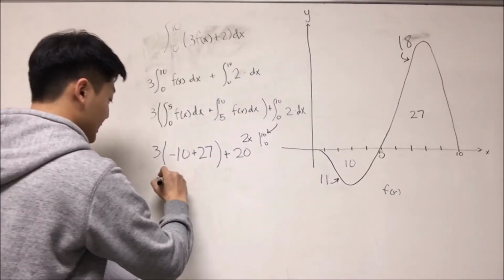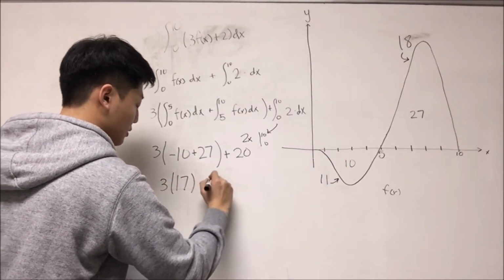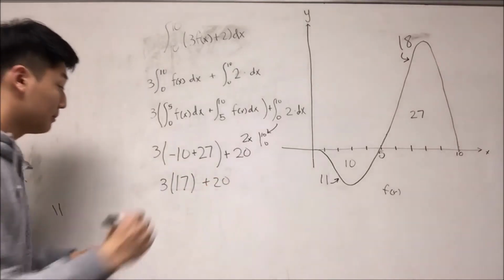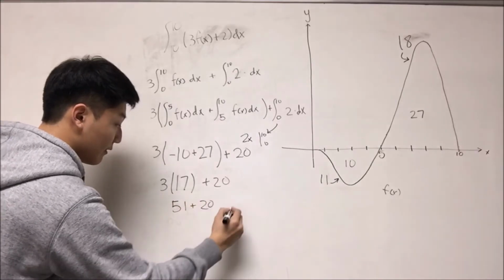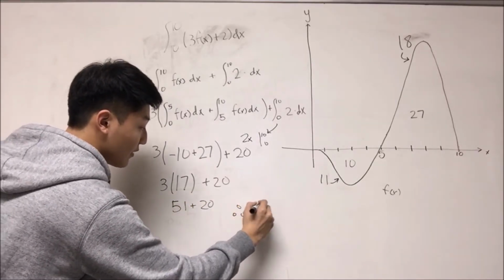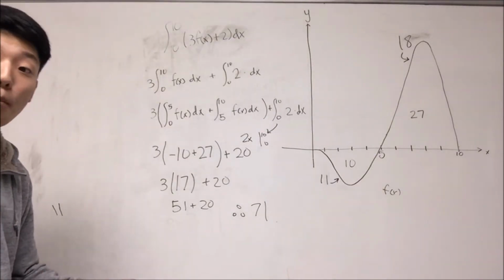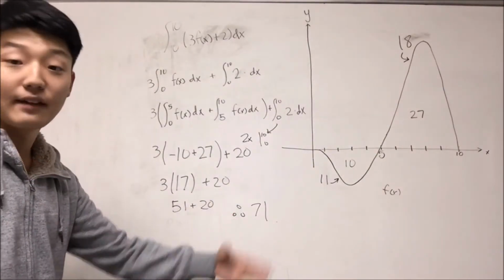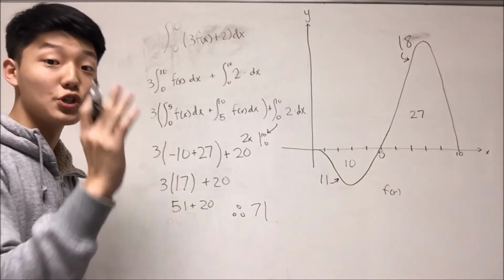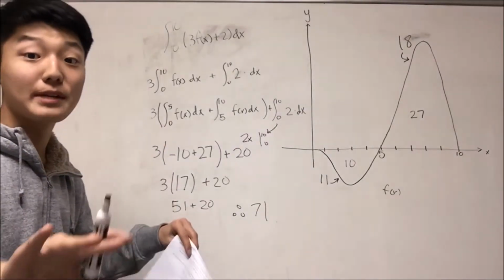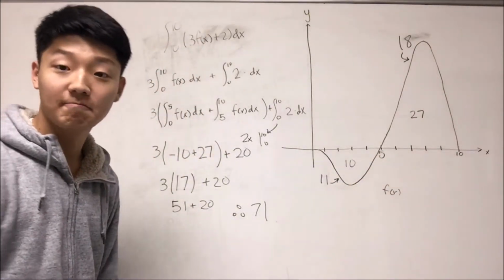To make it simpler for you, 17 plus 20, which will become 51 plus 20, and the final answer will be 71. So the answer to number 4, part B, is 71. It's better to take it step by step and think about which part should be divided to make it simpler, which is 0 to 5 and 5 to 10, the given information.